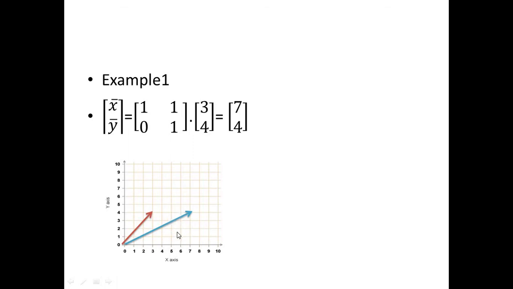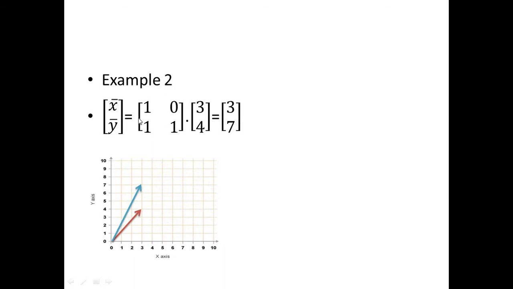You can see the vector shears toward the x. Example 2 is the y shear. You see the x coordinate doesn't change, but the y coordinate is changing, and the vector is shearing toward the y.